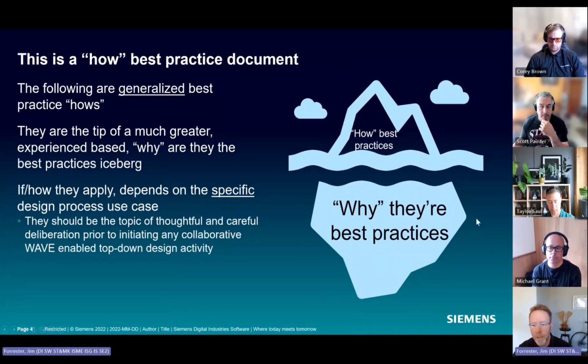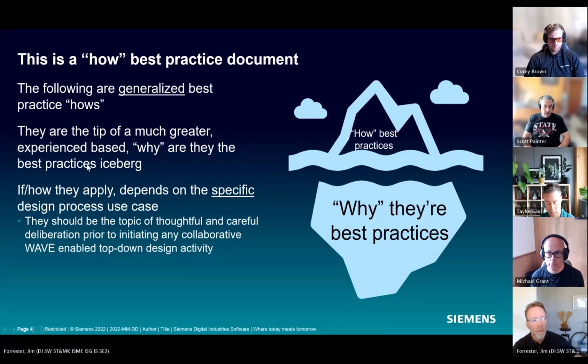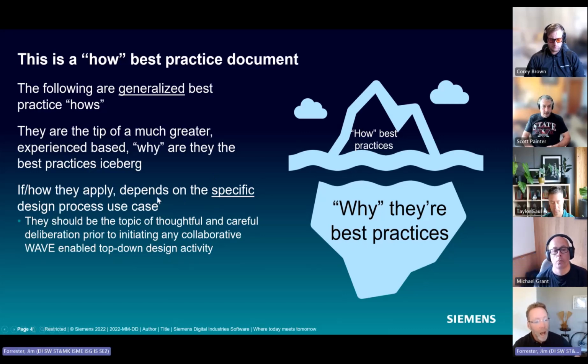This is something that I've gained in experience over a career of doing this, but it yields up into these rules of the road. If you follow these rules of the road, things will work out well for you. It's generalized. And again, they are the tip of the iceberg. And this is key: how they apply depends on the specific design processes and the use case that's being worked on.